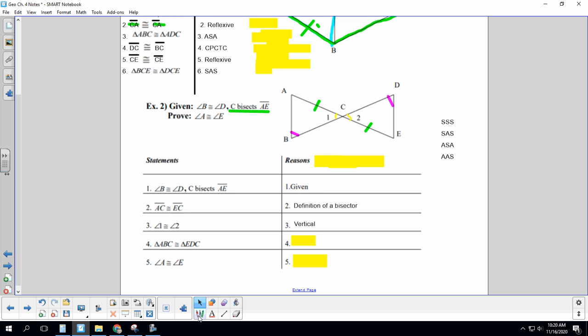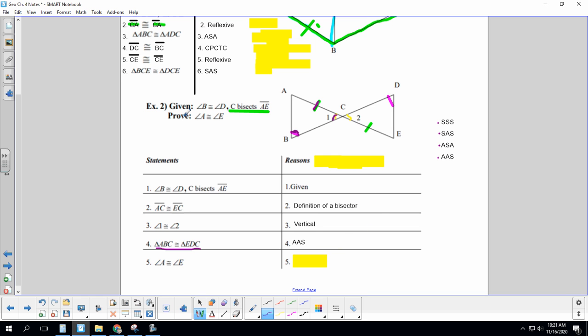So now we're going to claim that triangle ABC is congruent to triangle EDC, and let's see the reasoning. It's going to be one of these four. We have an angle, and then as I go around my triangle, we have another angle, and then we have a side that's not included. So that is angle, angle, side. The triangles are congruent by angle, angle, side.